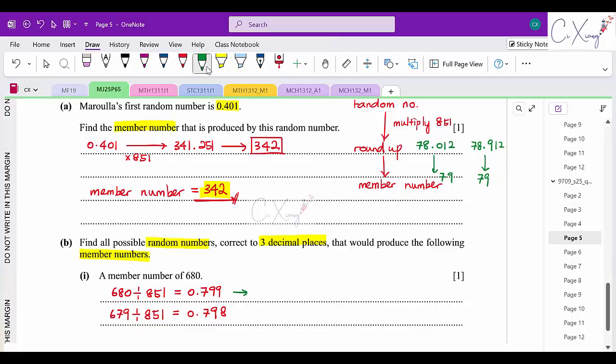If I take 0.799 multiplied by 851, I'll get 679.949, which means that I will round it up and it becomes 680. This is correct. Okay, then let's have a look. If I have 0.798 multiplied by 851, what do I get here?